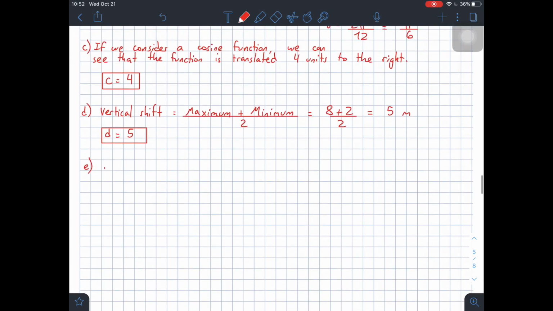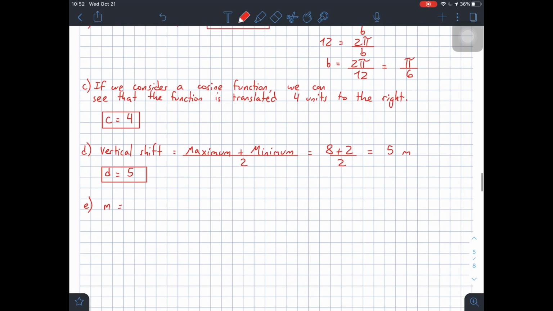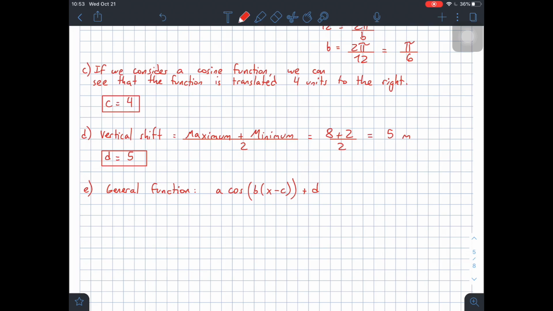So our equation would be M, which is like our Y, is equal to A. Remember the general, let me write the general first. The general function is always equal to A times cosine of B times X minus C, plus D, right, plus D.